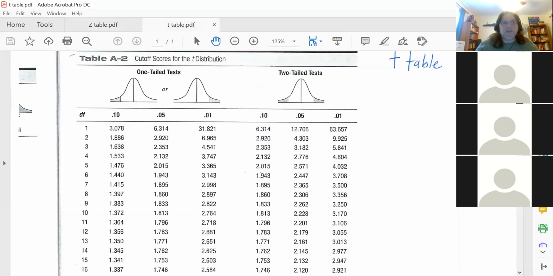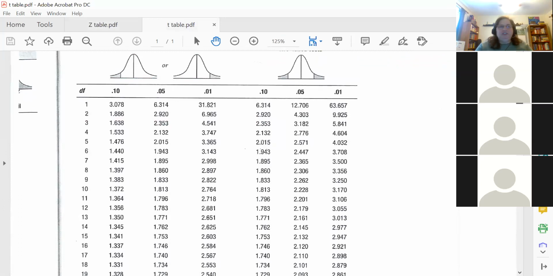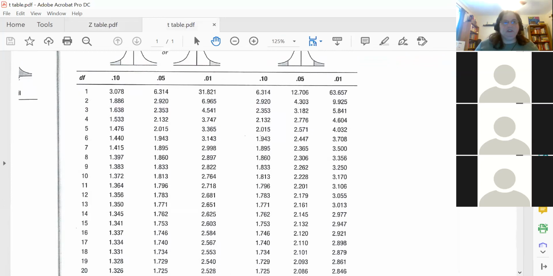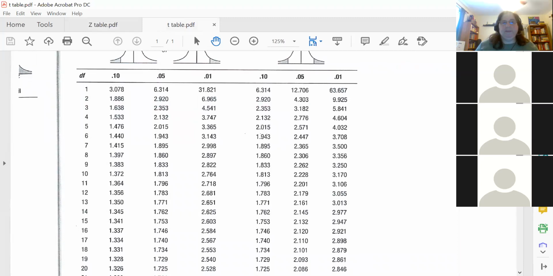So that's how you figure that out. Actually, I think we did talk about t-test before z-test. But that's how you find the cutoff score to compare to. Okay, if that doesn't answer it, please message back in.